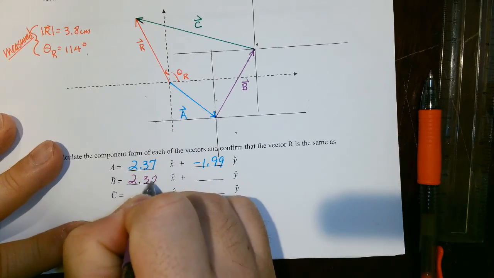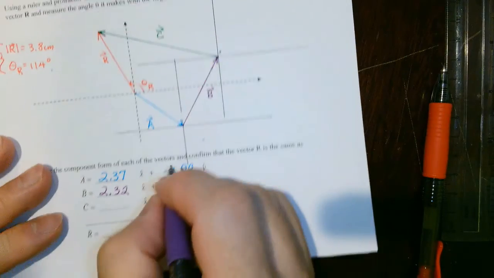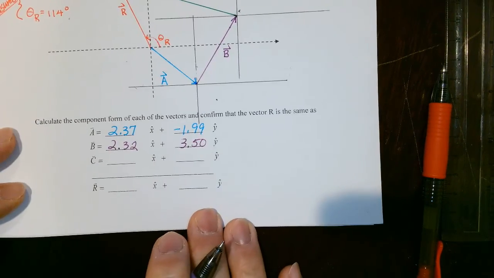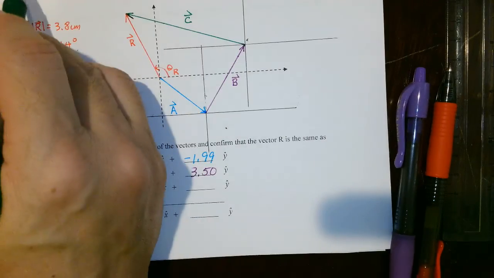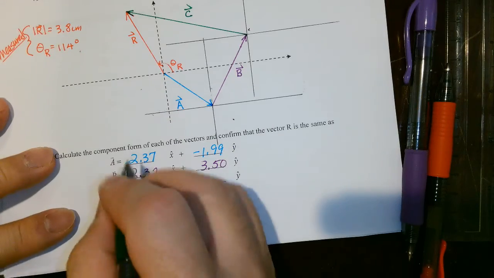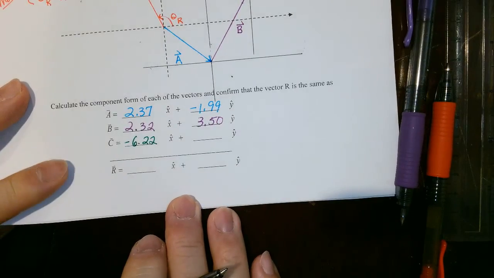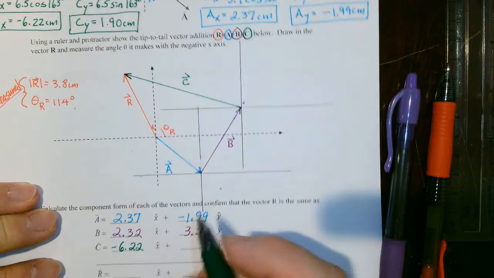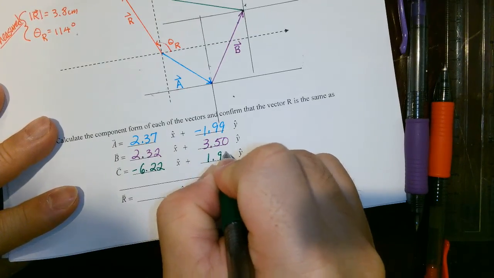And my By is positive 3.50 centimeters in the y direction. And then for my C vector, it looks like negative 6.22 in the x direction, and 1.90 positive direction for my Cy.